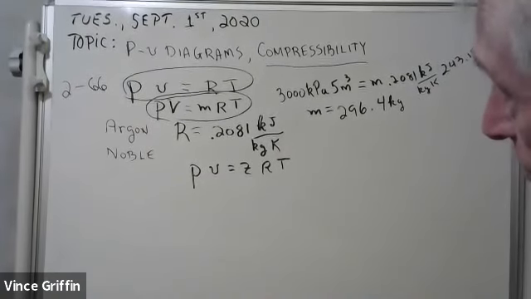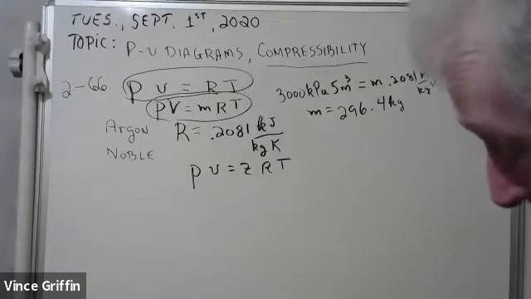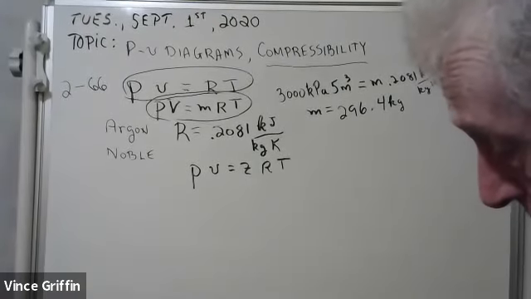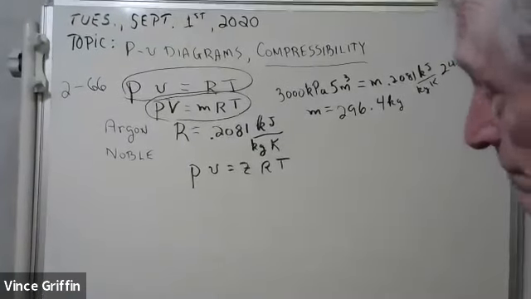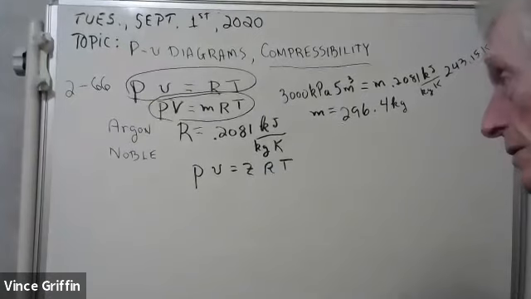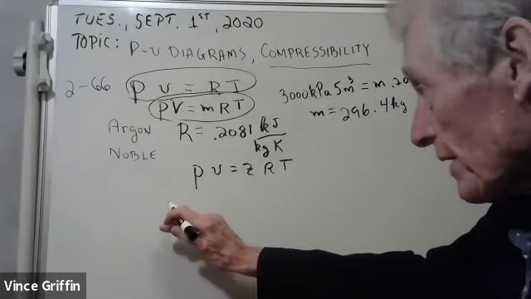In this case, since argon is so close to being ideal, Z is going to be close to 1. But here we'll show you how to get it.